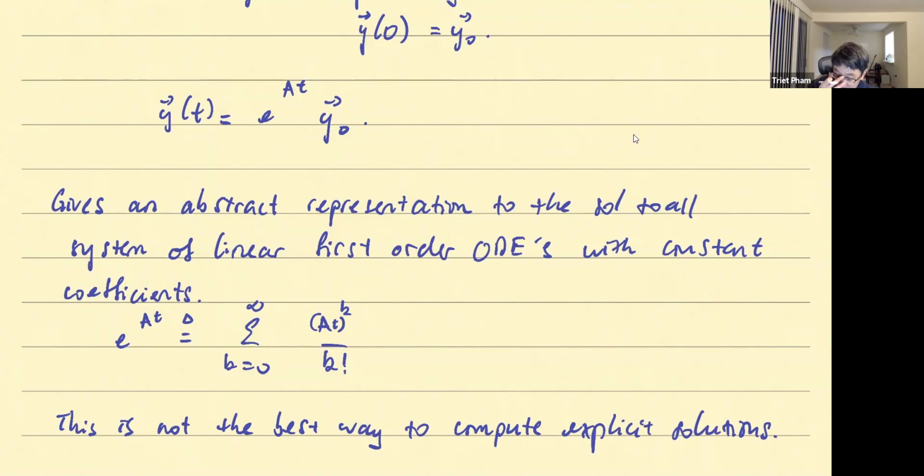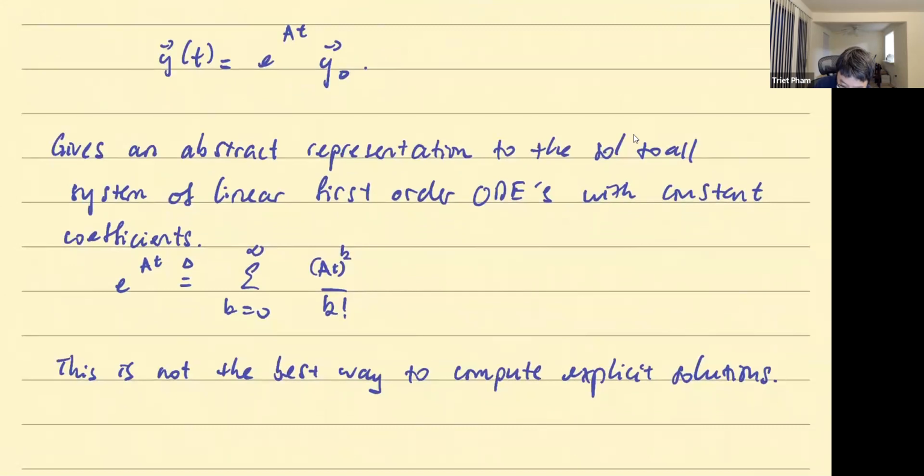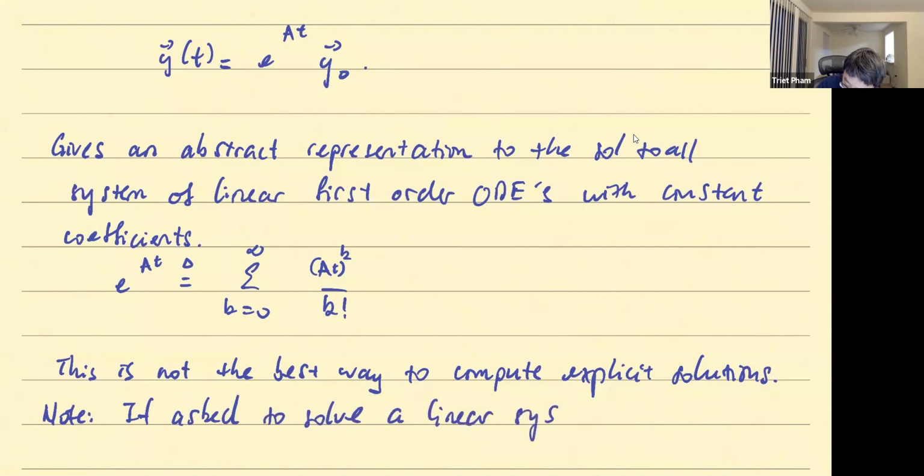On the other hand, as far as the final exam is concerned, I just want to give you a note: if you're asked to solve a linear system on the exam, don't give this answer.